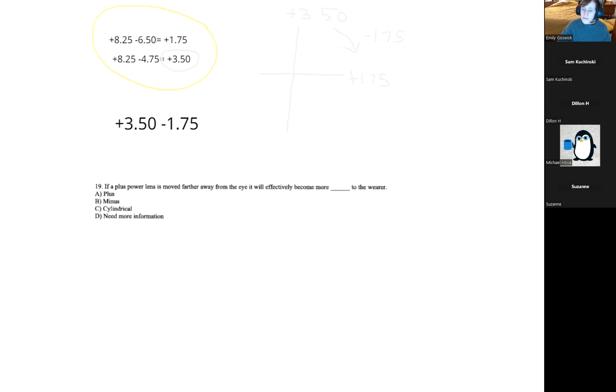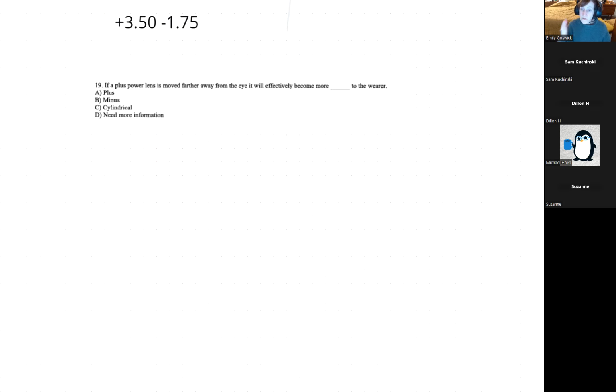The question is, if a plus powered lens is moved farther from the eye, it will effectively become more blank to the wearer. The options are plus, minus, or cylindrical. Or need more information.